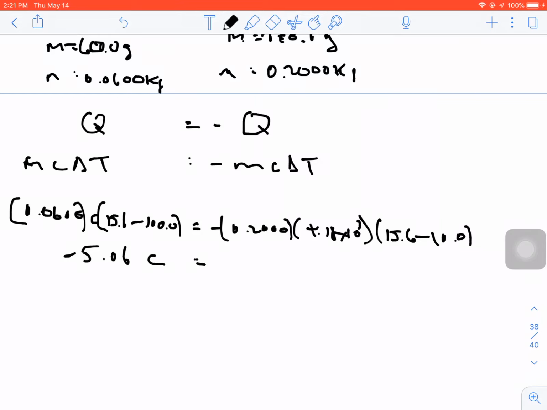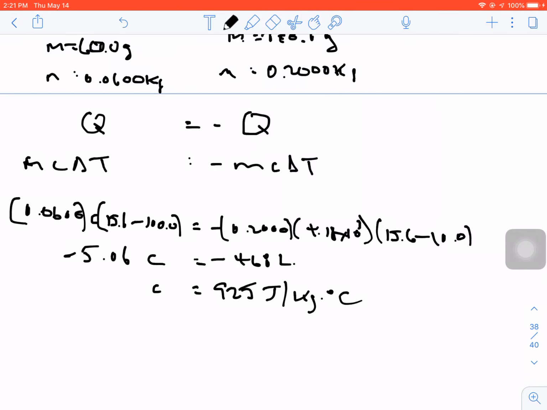On the right, I'm going to again take my 15.6, subtract from that the 10 degrees, multiply it times my 4.18 times 10 to the third, and multiply that by 0.2, and I'm getting 4682. So now to solve for C, I'm just going to divide the right side by my negative 5.06, and I'm getting 925 joules per kilogram degree C.